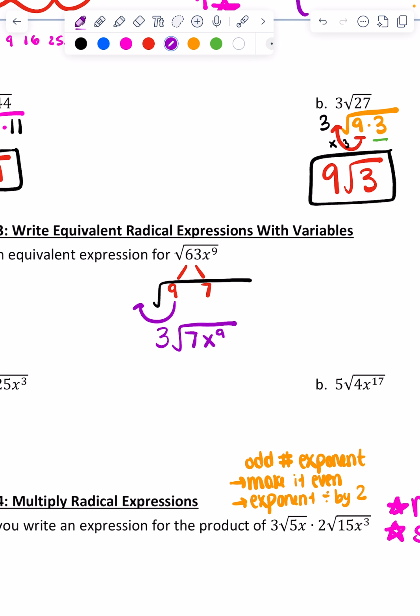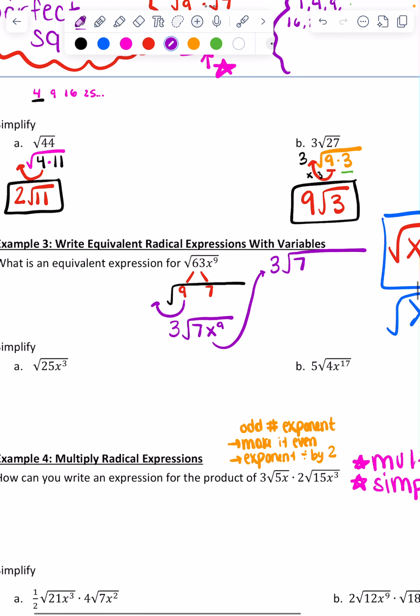All right, so how we're going to deal with our variables. I'm going to give you 2 options. What I like to do is I like to break down all of the variables into as many x squareds as I can. So what I mean by that is I'm going to make a really long radical here. And x to the 9, I'm going to break down into as many x squareds as I can.